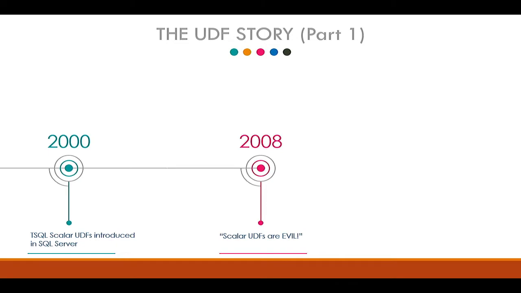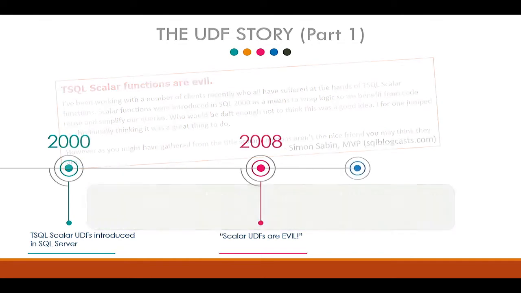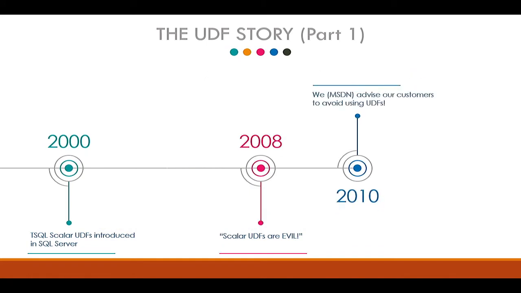And these are not my terms, but articles which I've found on the internet where database experts have written that these SQL functions are evil when it comes to performance. So much so that we ourselves, as Microsoft, had to go and advise our customers to not use a feature that we ourselves built. That was sort of ironic in some sense.